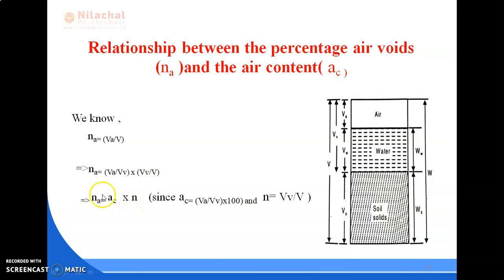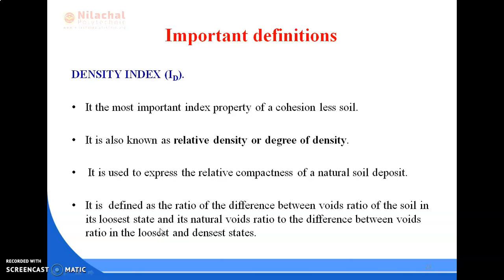So this is the relation between Na and Ac: Na equal to Ac into n, since Ac equal to Va by Vb into 100 and n equal to Vb by V. You have to remember this one to solve problems.